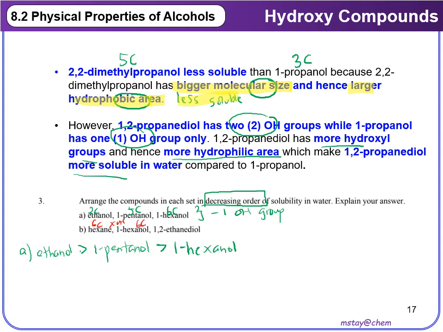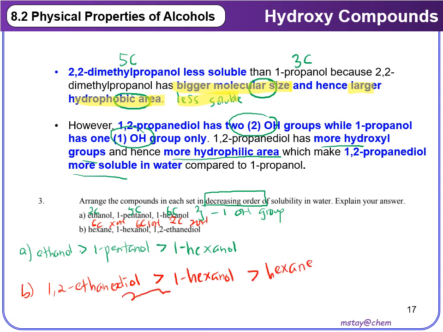Hexanol also has 6 carbon and 1 hydroxyl group. 1,2-ethanediol has 2 carbon and 2 hydroxyl groups. So among these three, 1,2-ethanediol is the most soluble, followed by 1-hexanol, and then the least soluble is hexane.